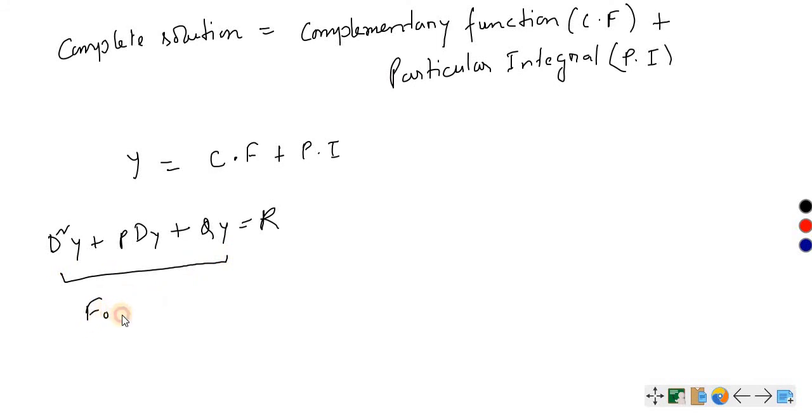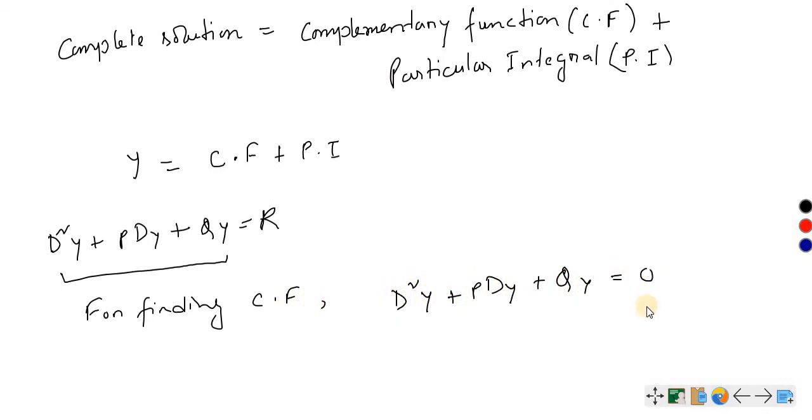So for finding the complementary function, D square y plus p Dy plus qy will be equal to 0. This is how we find the complementary function.